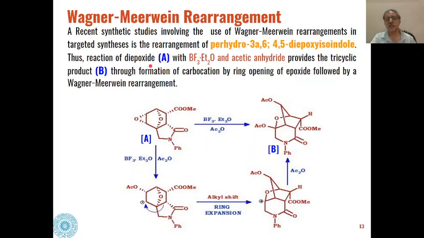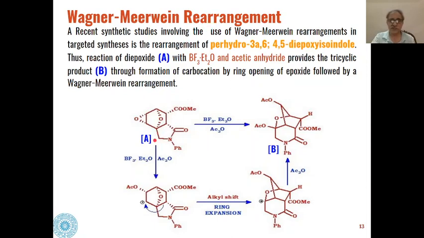What happens is the reaction of a diepoxide, this is one epoxide, this is another epoxide, and these are perhydroindole derivatives. When these are reacted with boron trifluoride etherate in the presence of acetic anhydride, they give us these types of products. But these products are formed by Wagner Meerwein rearrangement.